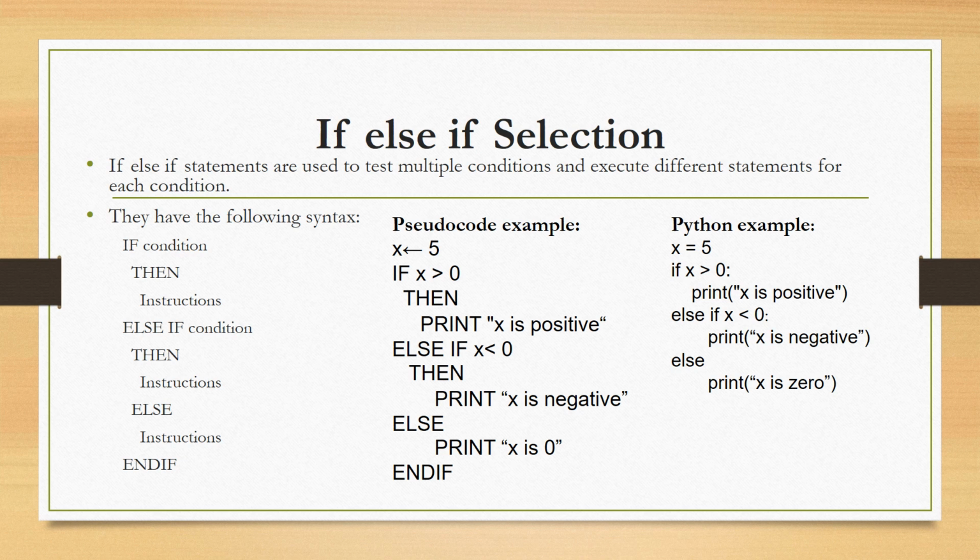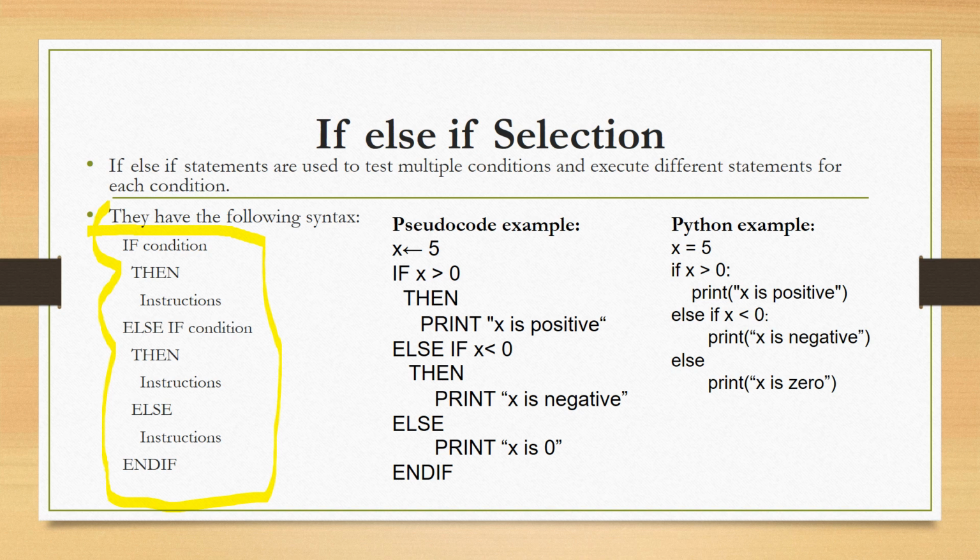If else if selection. If else if selections are used to test multiple conditions and execute different statements for each condition. The syntax of your if else if condition is given over here. Here we will specify if condition, then instruction.